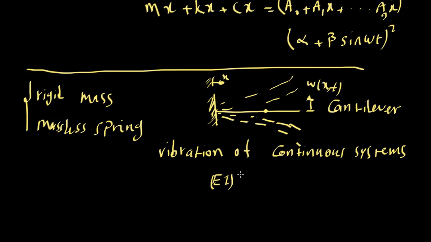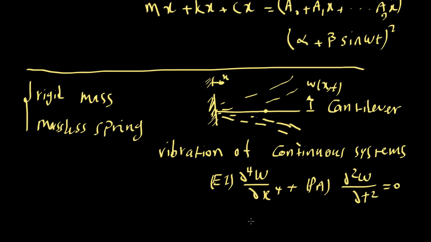So it would be a constant, let's call it EI, times the fourth derivative of that function W with respect to x, plus a constant, which we call rho A, times the second derivative with respect to time, equal to 0. So basically a constant times something like the stiffness term, and this is something like the acceleration term.